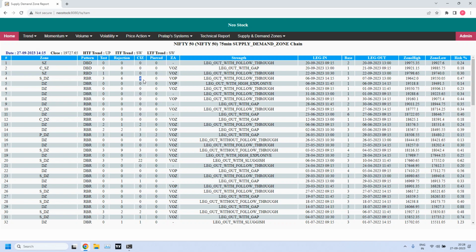It closed, and the next day the zone probably pushed the price up. 4 candles closed inside the zone, and it's not yet pierced. See, we got this kind of advantage by seeing this supply demand zone chain. But this is stock specific.